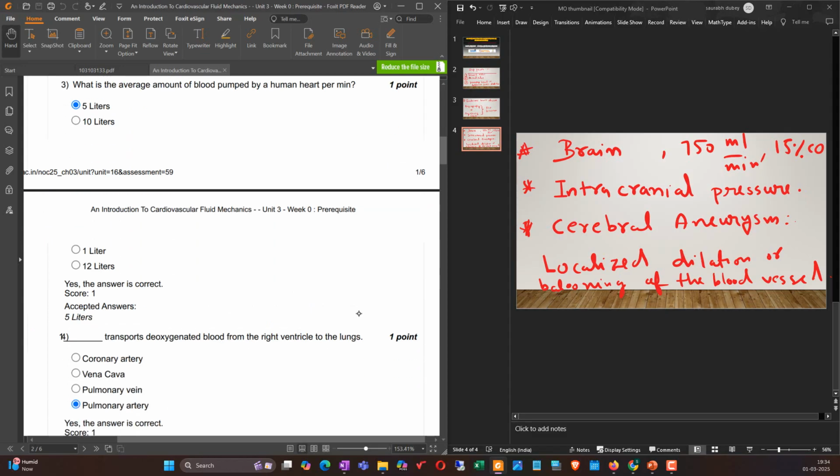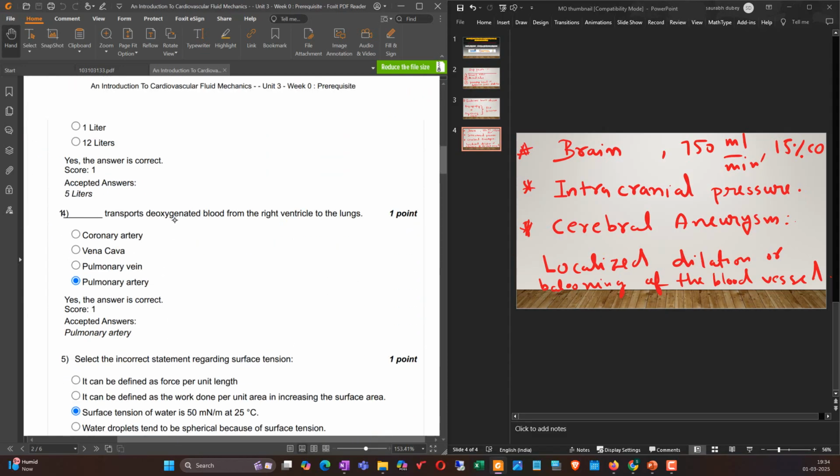5 liters. Then transport of deoxygenated blood from right ventricle to the lung is what? Pulmonary artery. This is a function of pulmonary arteries. We have discussed it.